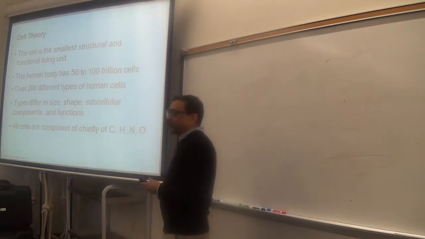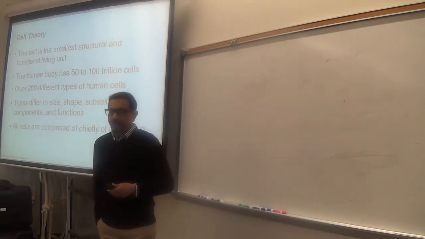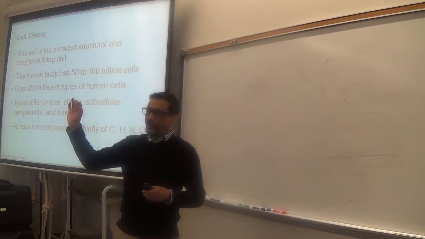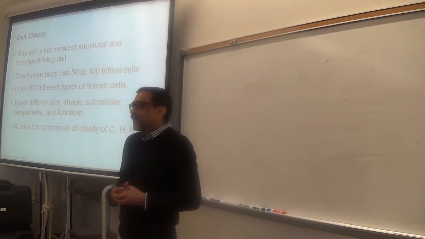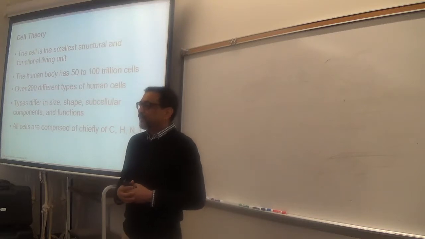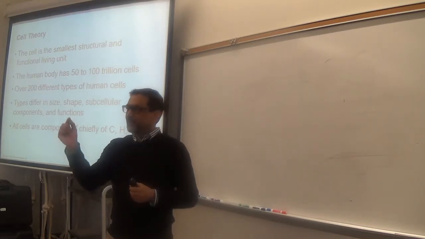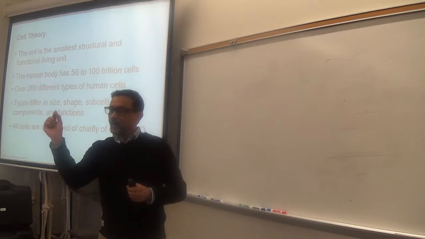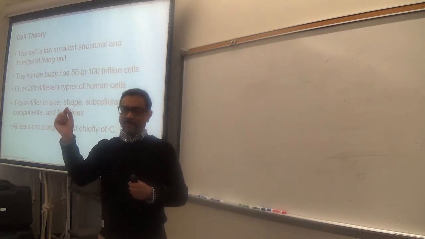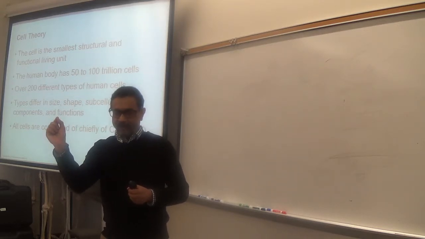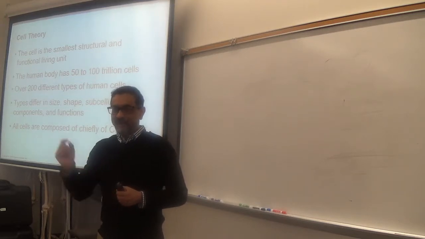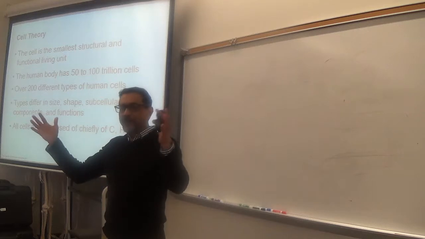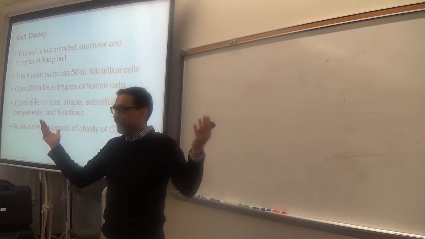Now, how do you know that cell is the smallest unit of the living body? I'm sure all of you know that a single cell could stay alive and function individually. Do you know that? A bacteria, right? Single cell is functioning normally, maintaining its life, right?